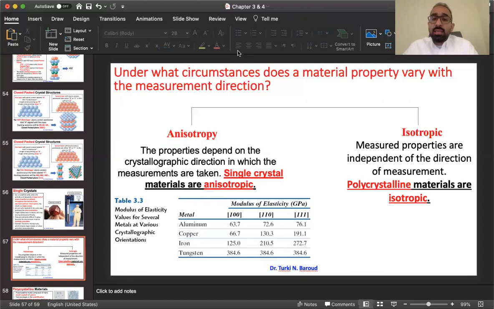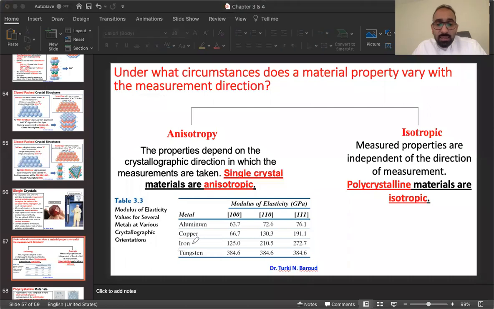Now let's see, if we have a single crystalline material, for example aluminum, or let's take copper. You see the modulus of elasticity, which we're going to talk about a lot later when we go to mechanical properties.